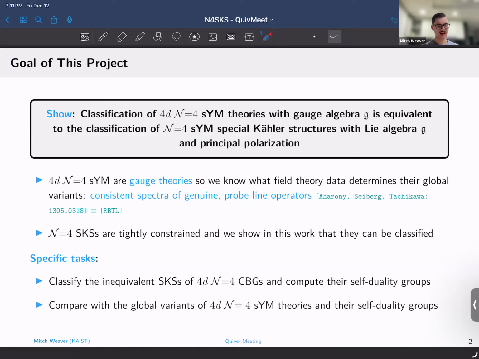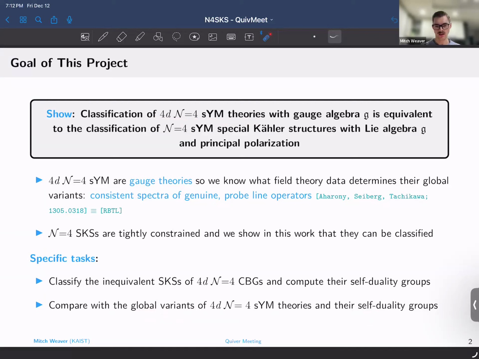So the specific tasks before us to show this are, first, we need to classify all the inequivalent special Kahler structures, and then we want to compute a piece of data associated with them called their self-duality group. And then we're going to compare this with the data that classifies 4d N=4 super Yang-Mills theories, which are essentially their global variants and the self-duality groups associated with the S-duality orbits of these global variants.